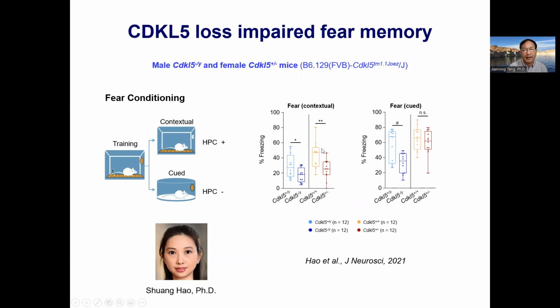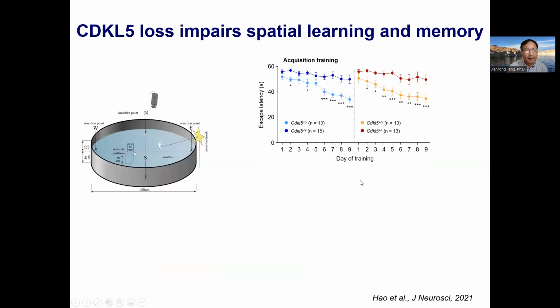Left side is the male mice, and the right side is the female mice. As you can see, compared to the wild-type male and wild-type female mice, the mutant mice have impaired contextual fear memory. The male mice also show impairment of cued fear memory.